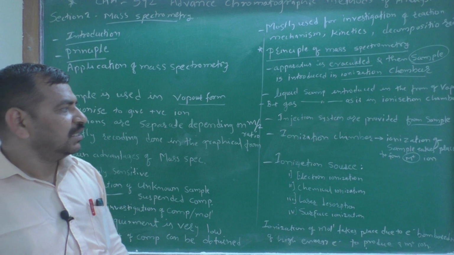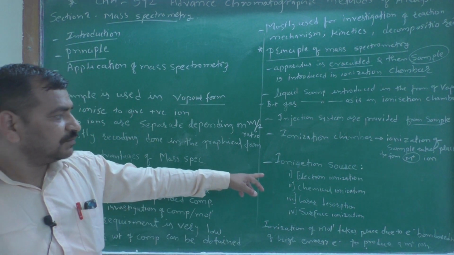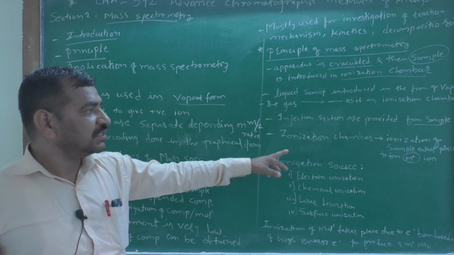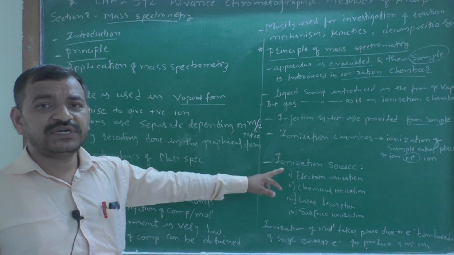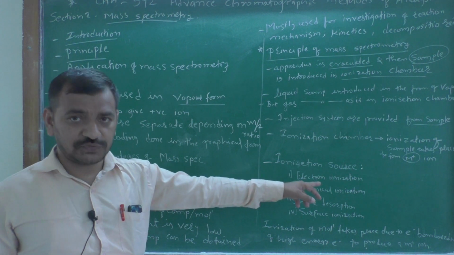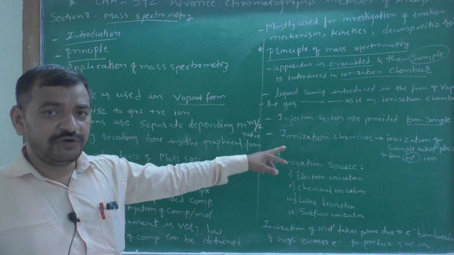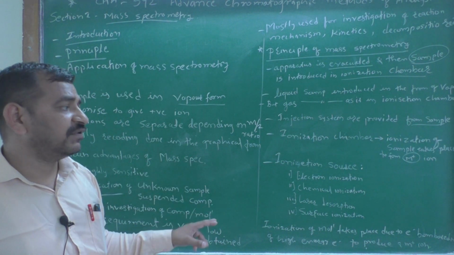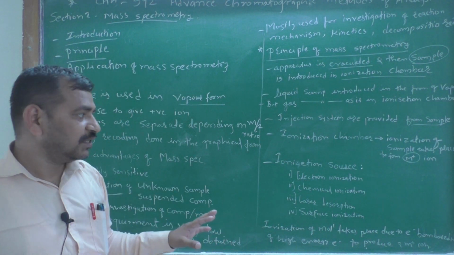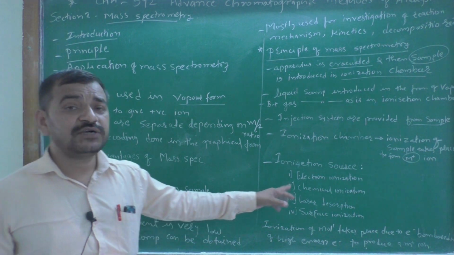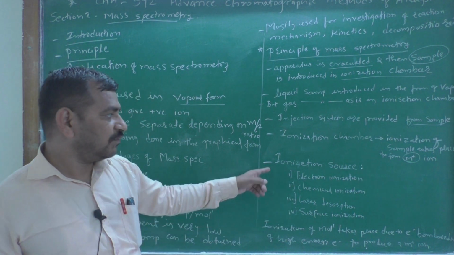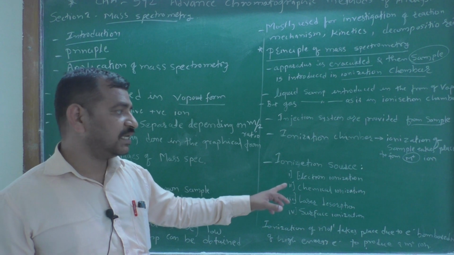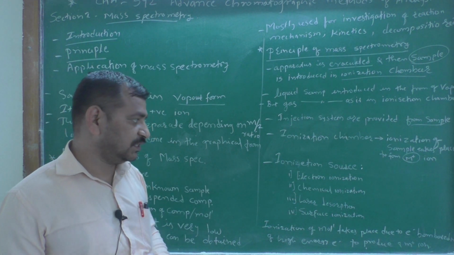The ionization chamber may contain different types of ionization sources. Molecules may be ionized using different types of sources. The first ionization source is electron ionization.